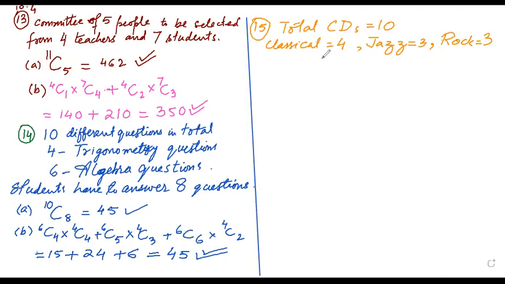Okay, now in part A, we have no restriction. So if no restriction, and yes, one thing also, how many CDs he has to select? He has to select 5 CDs. So I should write here 5 CDs to be selected.